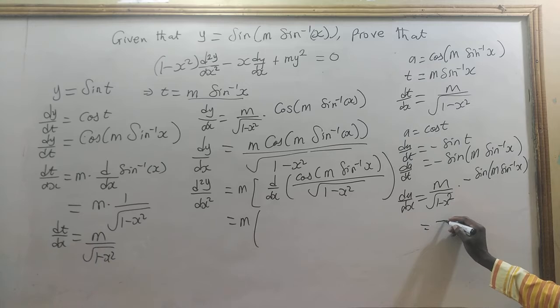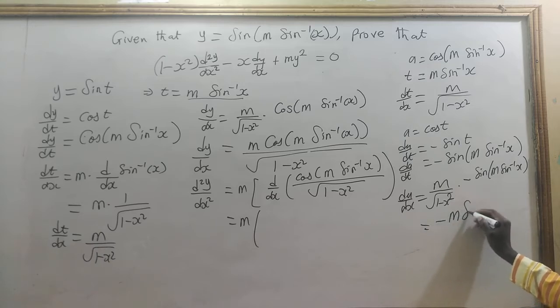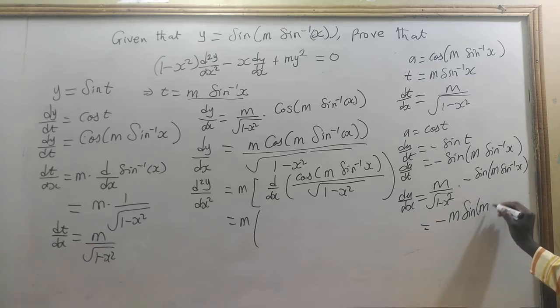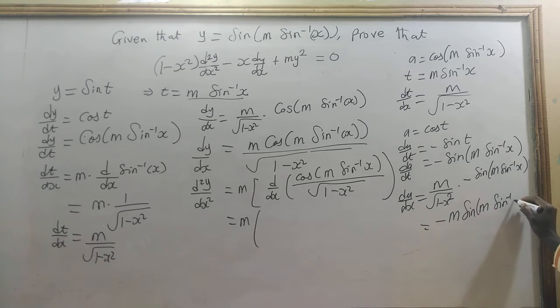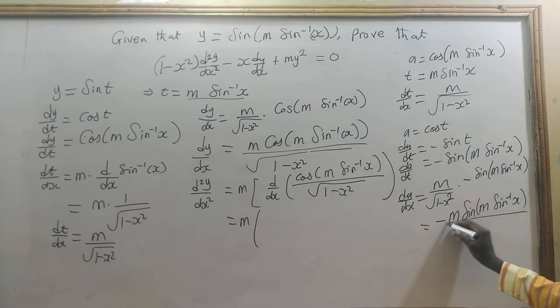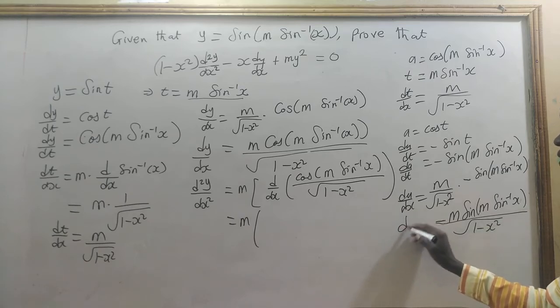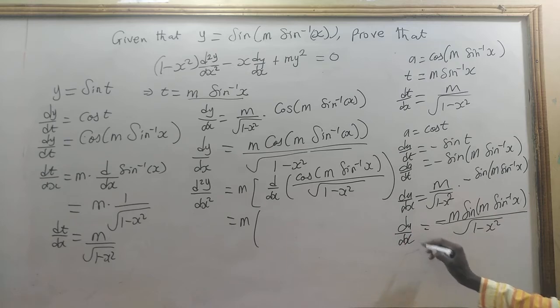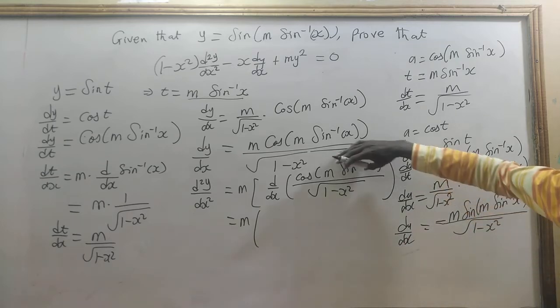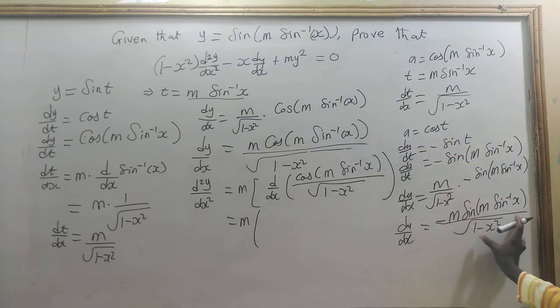And that will give us minus m sine of m times the inverse sine of x, all divided by square root of 1 minus x squared as dA on dx. So if we differentiate what is at the top, this is what we are going to get. So you have to keep it in mind.